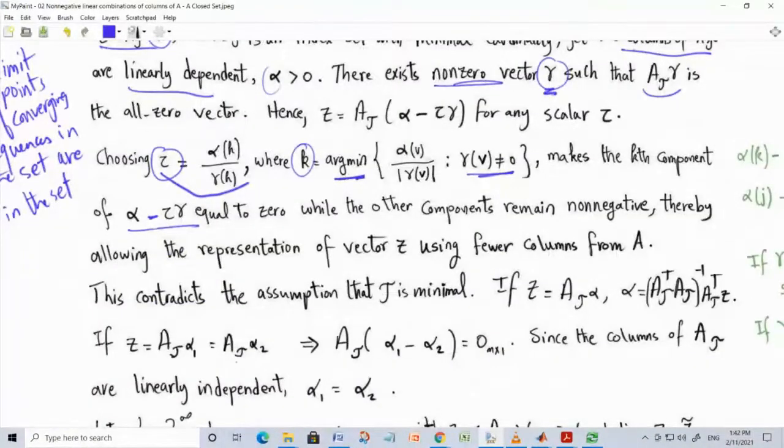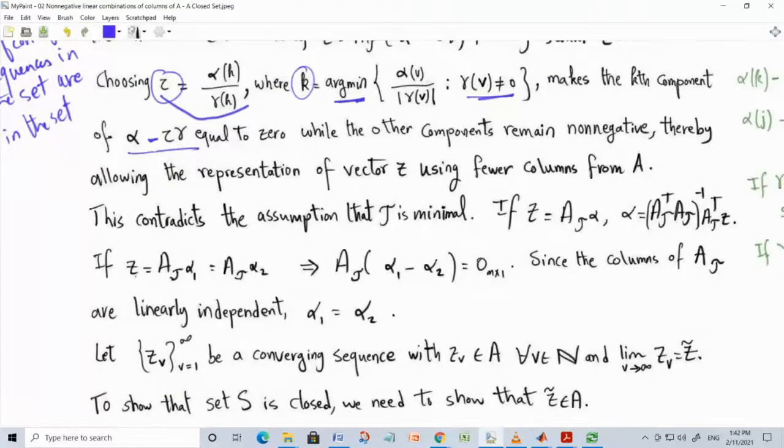And you can show that this representation of Z is unique. Suppose that Z is equal to AJ alpha 1 and AJ alpha 2. Again, alpha 1 and alpha 2 are strictly positive, and AJ is full column rank.